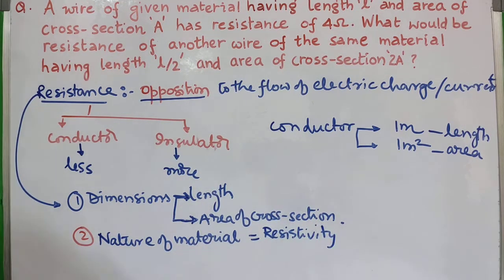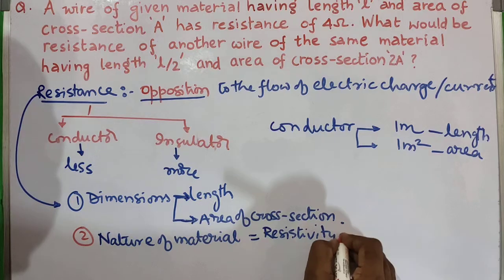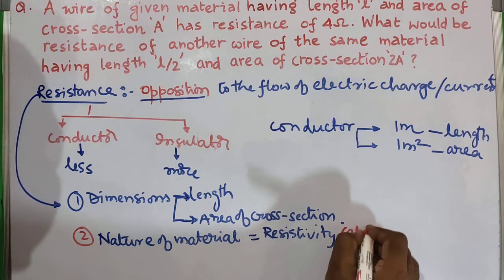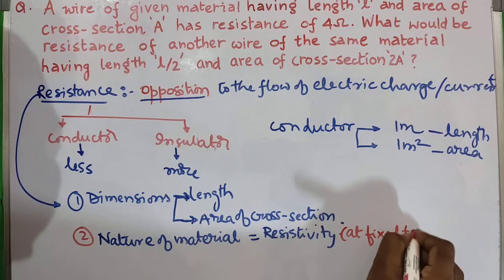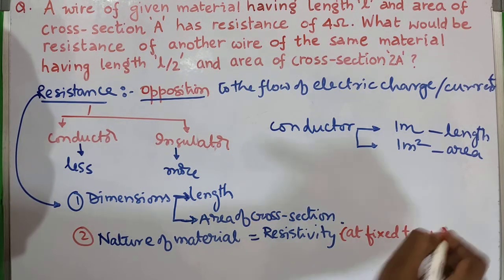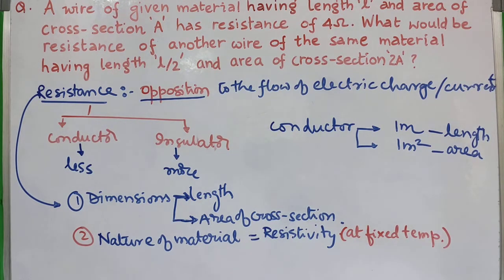So resistivity is the resistance of the conductor of length 1 meter having area of cross section 1 meter square. This value we denote as the nature of the material. Remember, the nature of the material or resistivity is dependent upon temperature. So you have to do this activity at a fixed temperature, because it is temperature dependent.